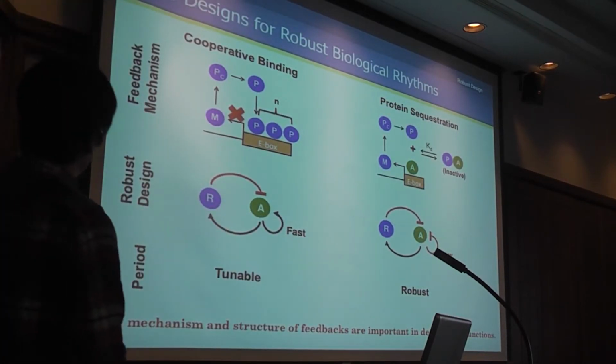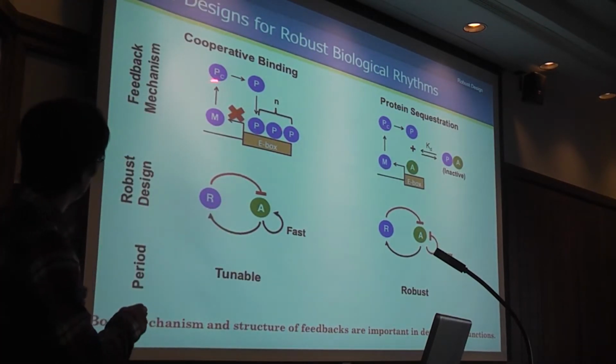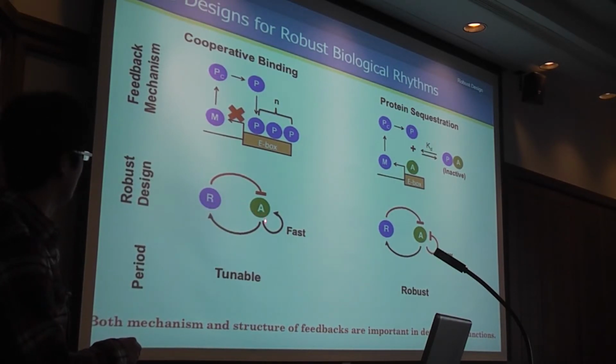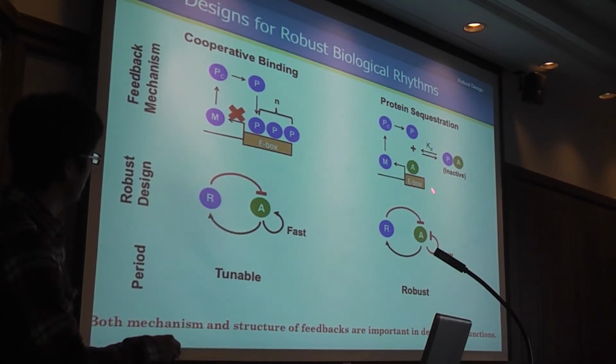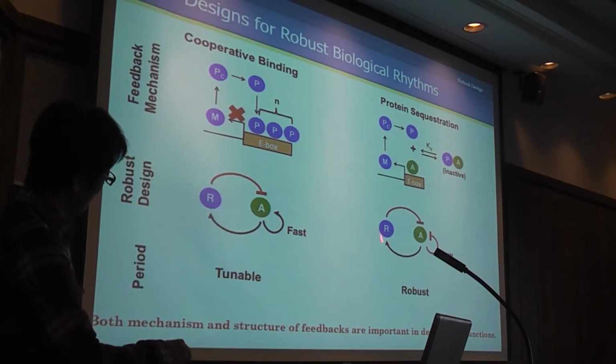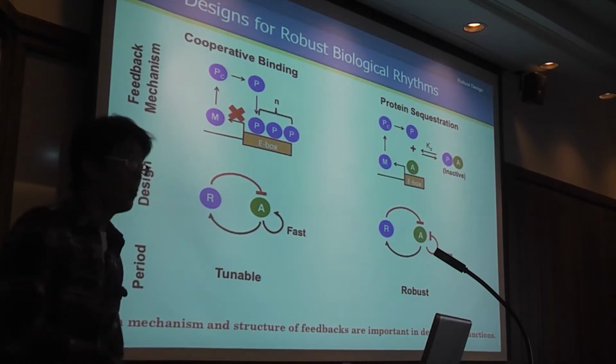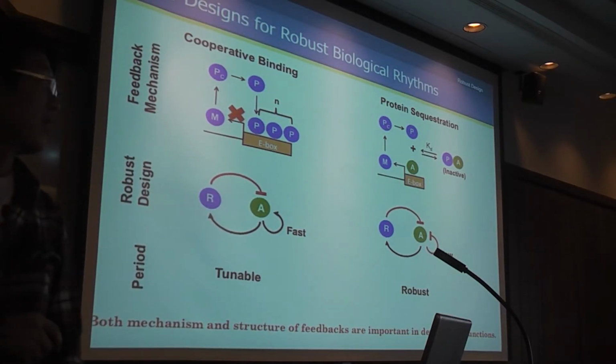So here is a summary. Based on cooperative binding, this positive-negative feedback loop structure is a good design, and it is good for a tunable period. And based on protein sequestration, this double negative feedback loop structure is good, and it is good for a robust period. So this gives us one lesson.